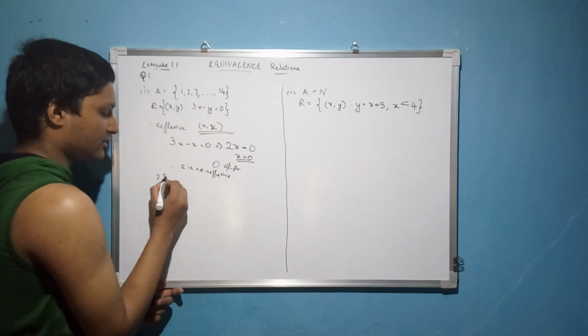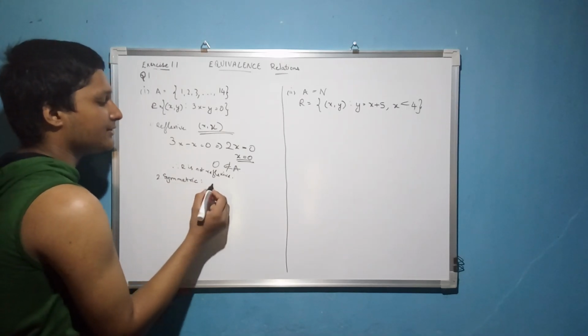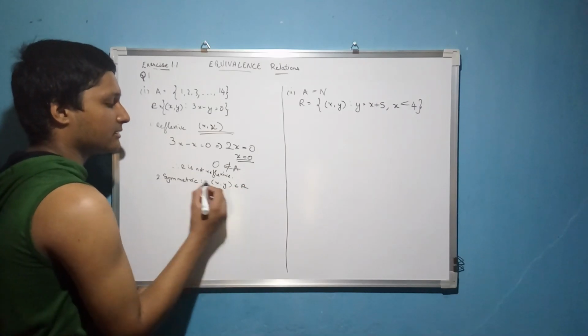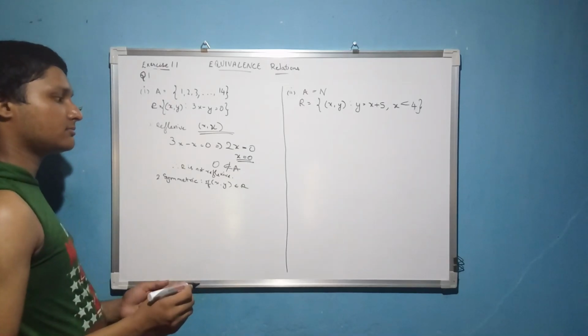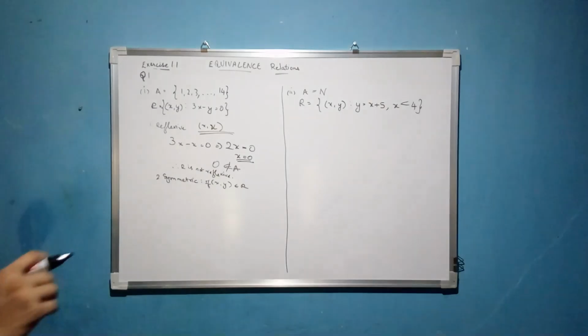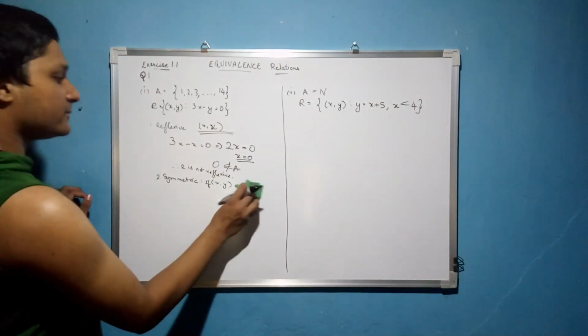The second one, symmetric. If it is symmetric, and (x, y) belongs to R, then (y, x) should also belong to R. Let me give you a counter example such that this is not possible, that's easier to explain in this case.